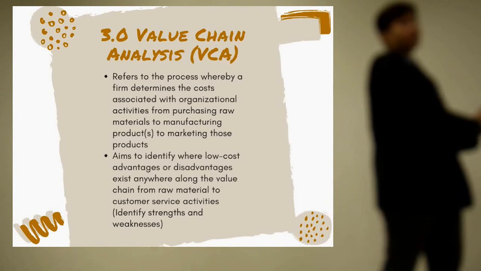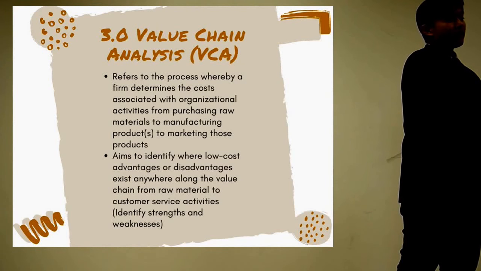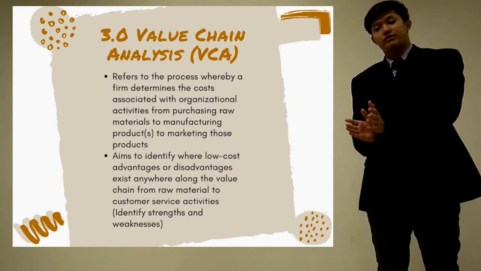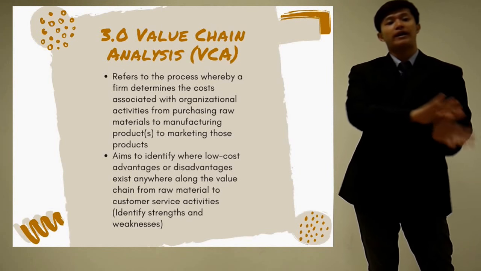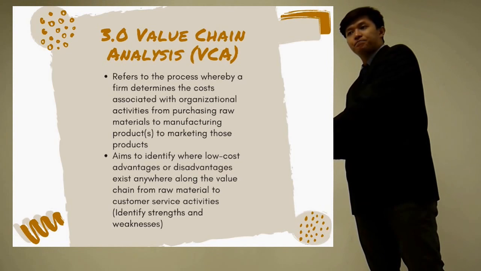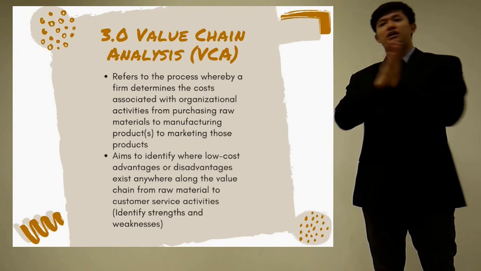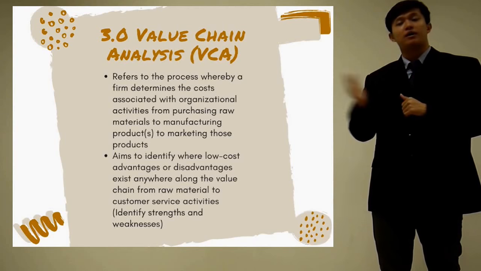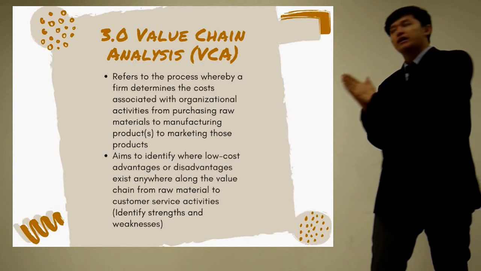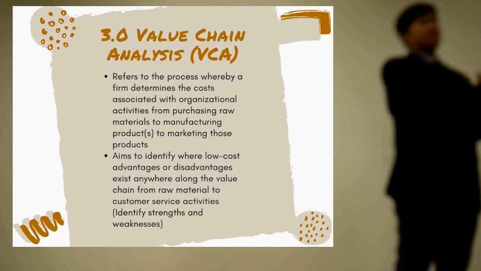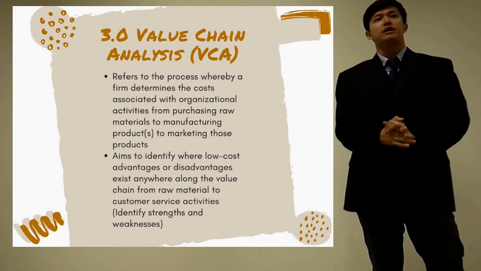An example is raw materials such as tires and metal, which go to the manufacturing process, which is car manufacturers. Then they go to the retail sales or marketing process, for example a Nissan company. They sell their car, taking the product from manufacturing that has been produced from raw material. That is how the VCA works.